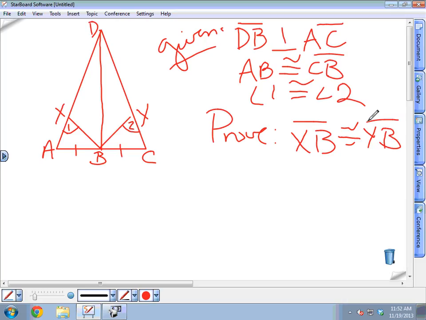Jordan, let's not worry about the sheet, let's just prove it. How would we prove this? What's the first thing I'm going to say? DB is perpendicular to line AC. Right, we write all the givens down first. After we do all the givens, what's the next thing we're going to do?